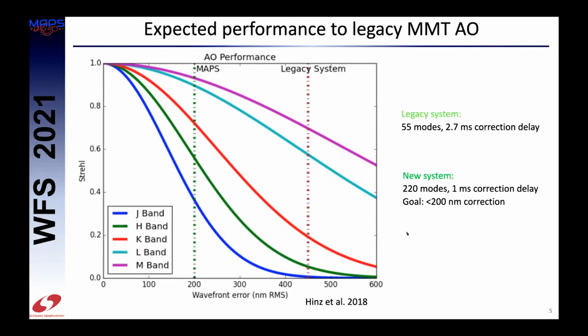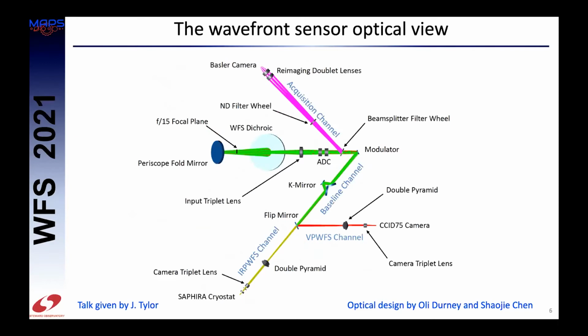For that, we also needed a better wavefront sensor system. This is the optical layout of the wavefront sensor. An F/15 beam comes from the telescope and is imaged by an input triplet lens onto the pyramid. There are two pyramids, infrared and visible.